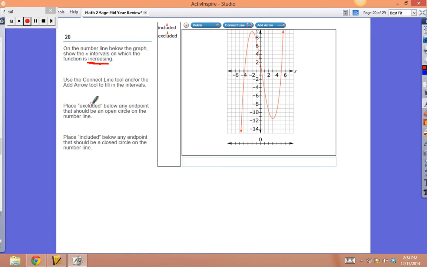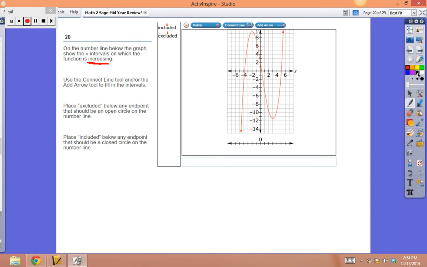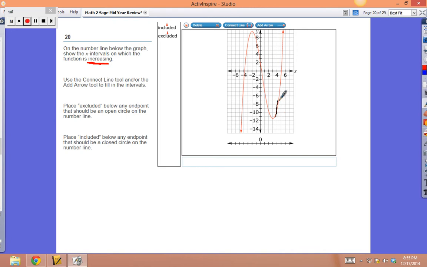It is increasing when the slope is positive. So of all of these lines, there's kind of three lines. This part has a positive slope, and this part has a positive slope. So it's going to increase all the way up to infinity.